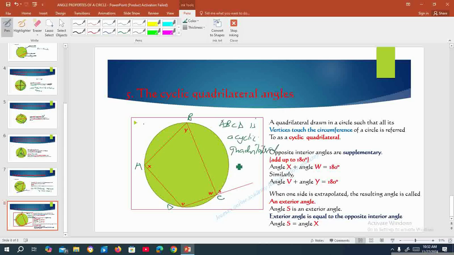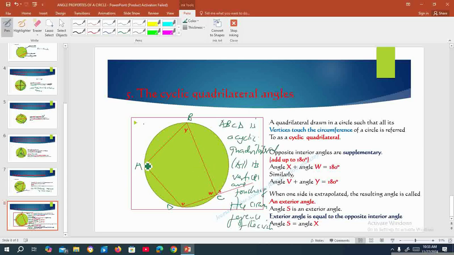Why? All its vertices are touching the circumference of the circle. So for a quadrilateral to be cyclic, all the vertices must be on the circumference of the circle.